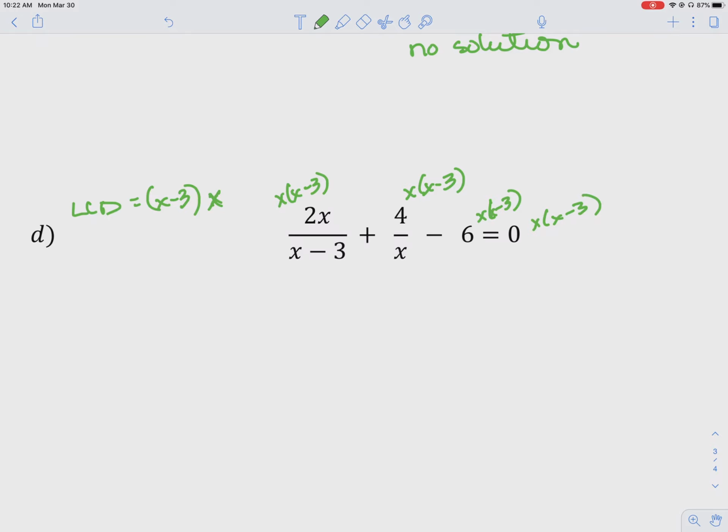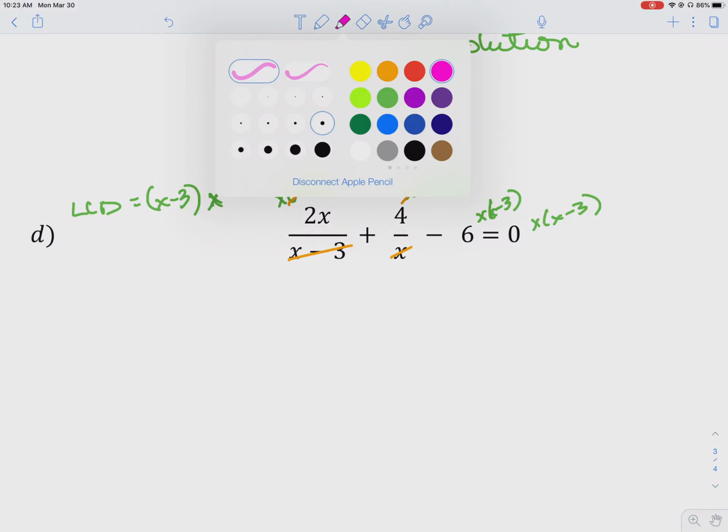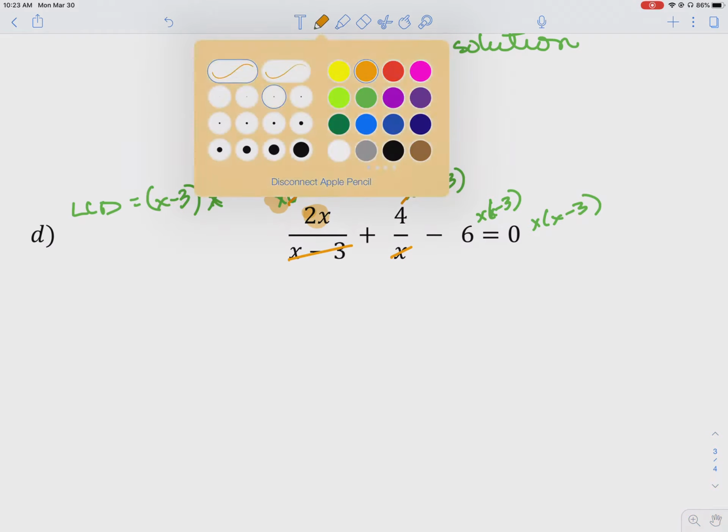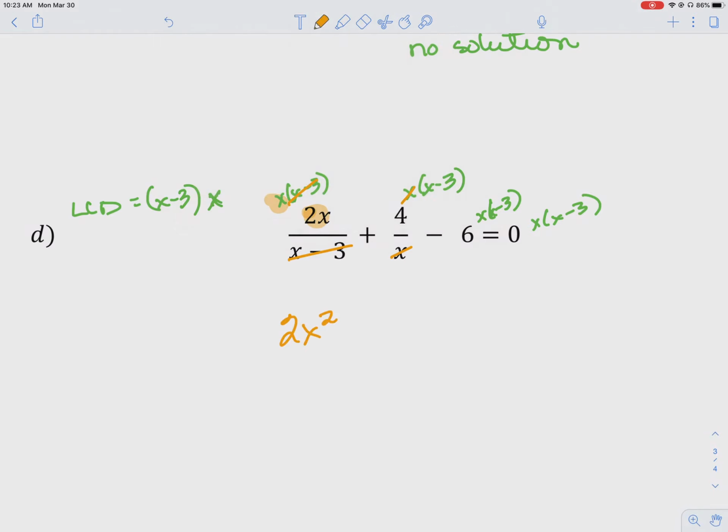Okay, so now we're going to go back through and we're going to cancel. Those cancel. Those cancel. So everything canceled from the bottom, which is what we wanted. And now let's see what I've got left. Let's do it in, I guess I'll go back to orange. So we've got our 2x and our x. So we're going to have 2x squared in that one.